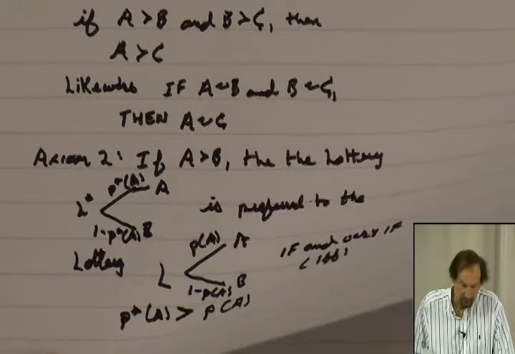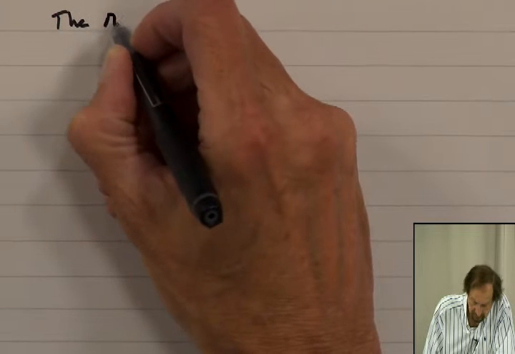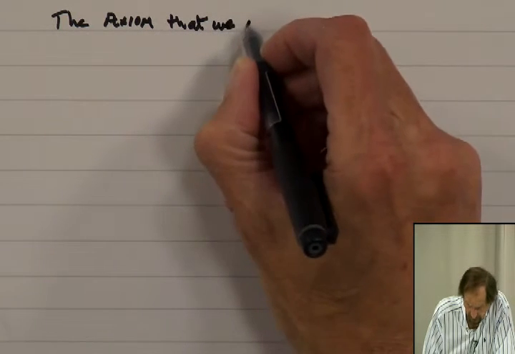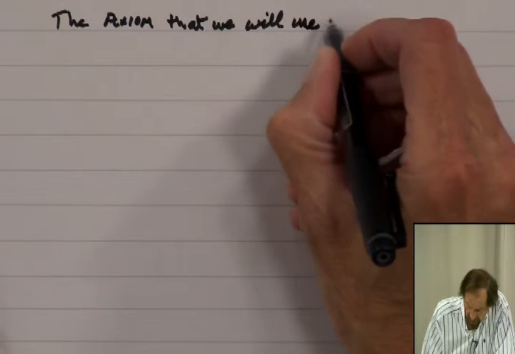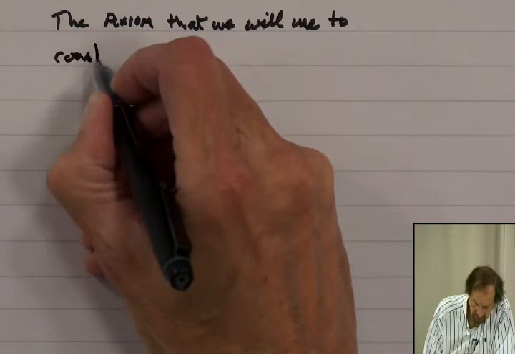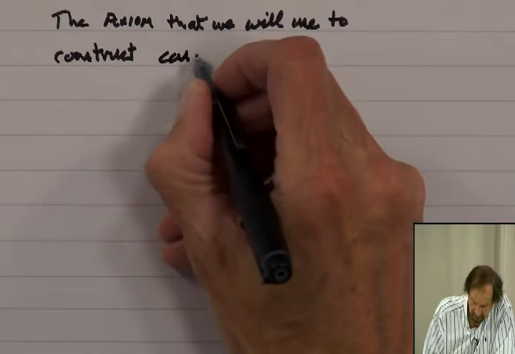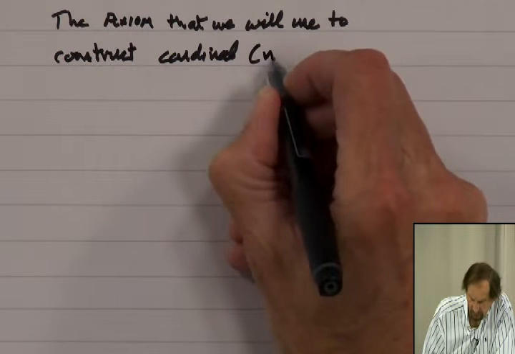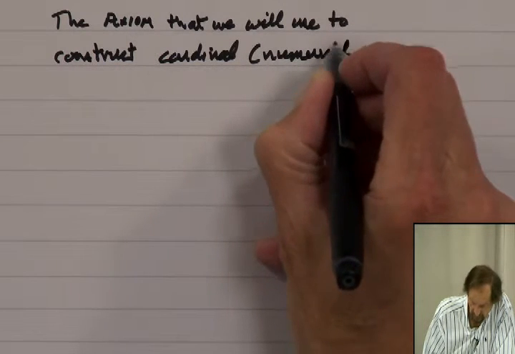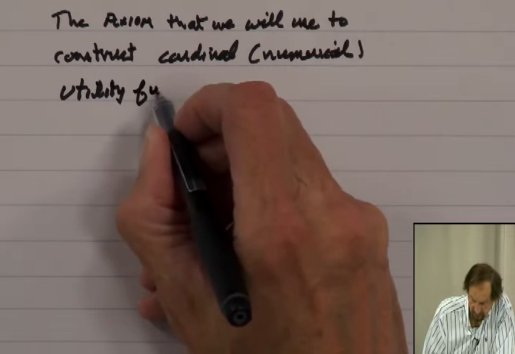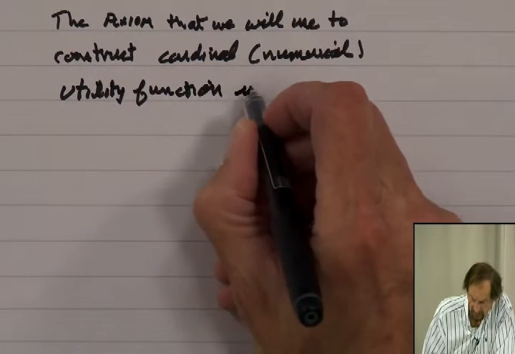Now, the axiom we will use to construct cardinal or numerical utility functions is as follows.